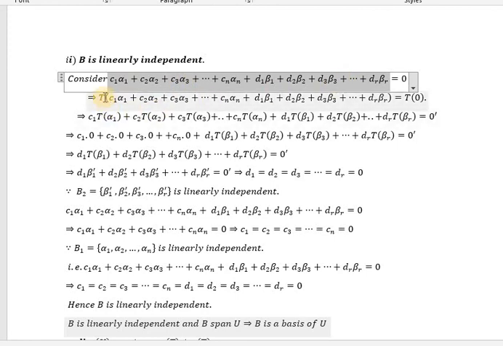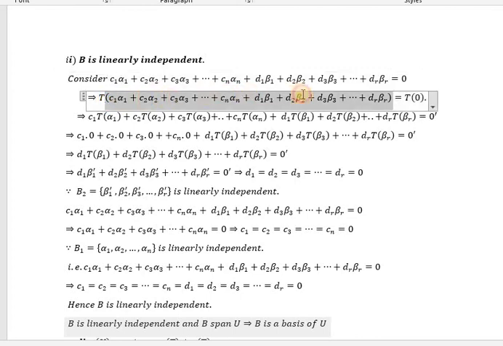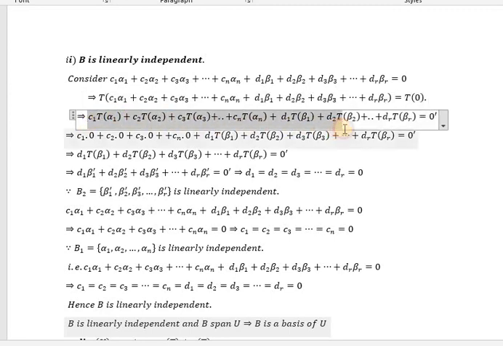So we get T of (c1 alpha 1 plus c2 alpha 2 plus c3 alpha 3 so on cn alpha n plus d1 beta 1 plus d2 beta 2 plus d3 beta 3 so on dr beta r) is equal to T of 0. T of 0 is 0 dash, and T of c1 alpha 1 plus c2 alpha 2 you can write as c1 T of alpha 1 plus c2 T of alpha 2 so on, d1 T of beta 1 so on dr T of beta r is equal to 0 dash.